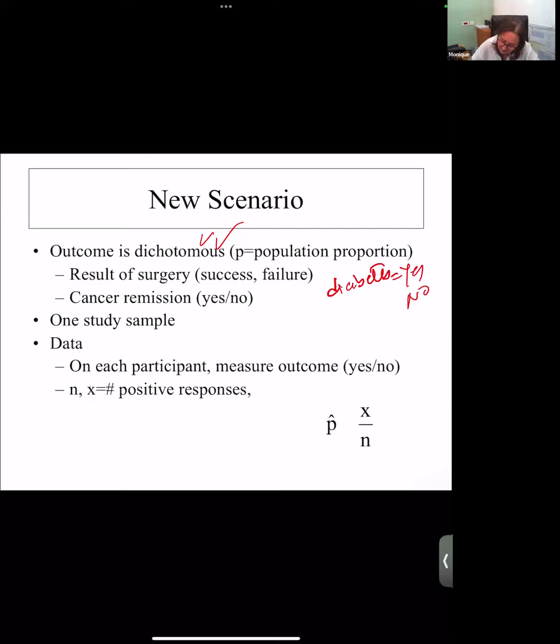Do you like statistics, yes or no? Are you happy, yes or no? So with a dichotomous outcome, the outcome is measured in terms of probability. Probability is the number of successes over the sample size, if you recall. This is the p-hat.